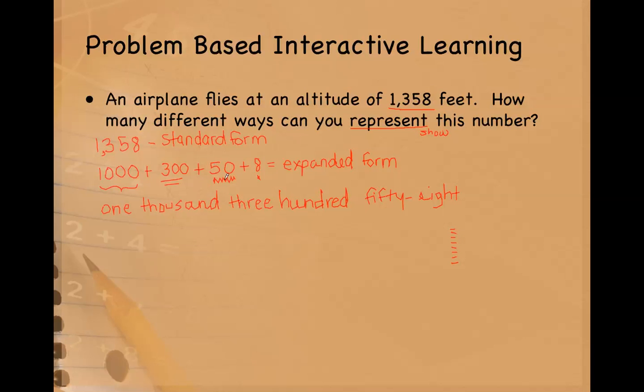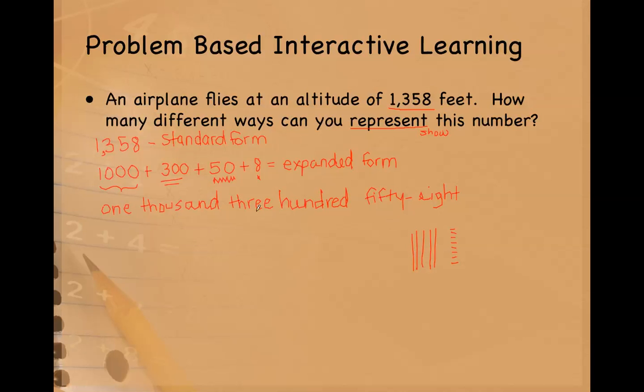Now in the tens place, I need to represent 50. I use rods or tens to represent 50. So how many would I need? 5. That's right, 5, because this rod represents 10. This would be 20, 30, 40, 50.